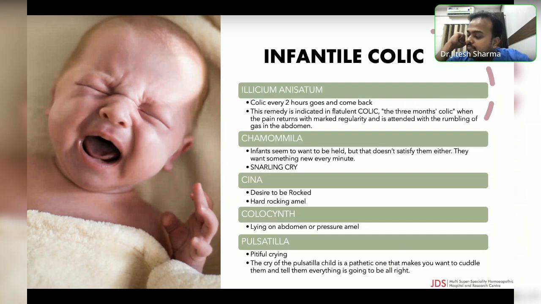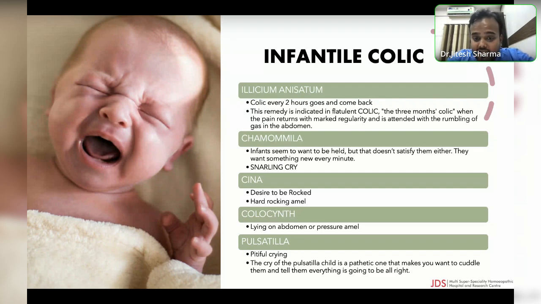In Chamomilla, you can find a snarling cry. Infants want to be held, but that doesn't satisfy either. They are very agitated and irritated, and all the time they want to do something. The capriciousness can also be seen. The infants are not at all settled in doing anything.